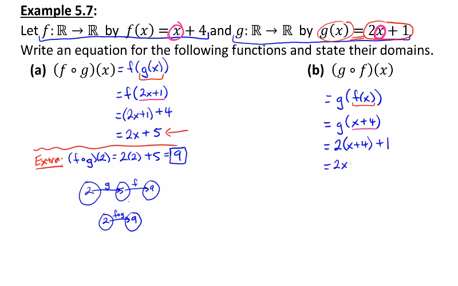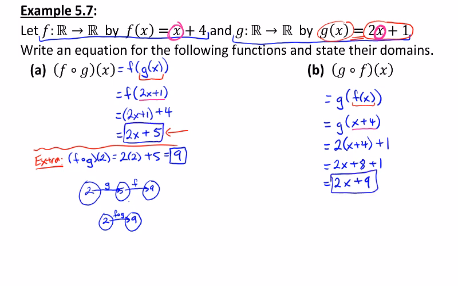That'll be 2x plus 8 plus 1 after distribution, and then finally 2x plus 9. That gives us the new equation for g composed with f. So we have both of the equations. I'll box them in: 2x plus 5, 2x plus 9.